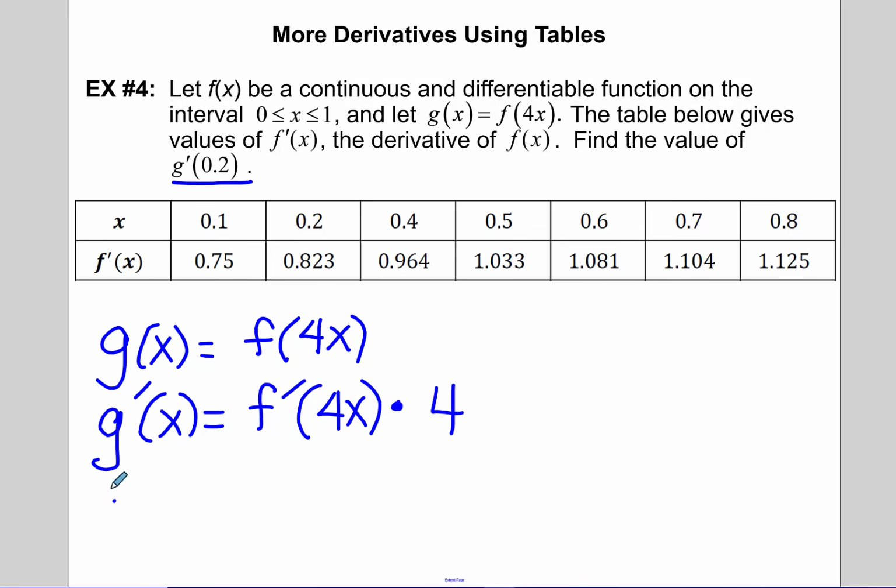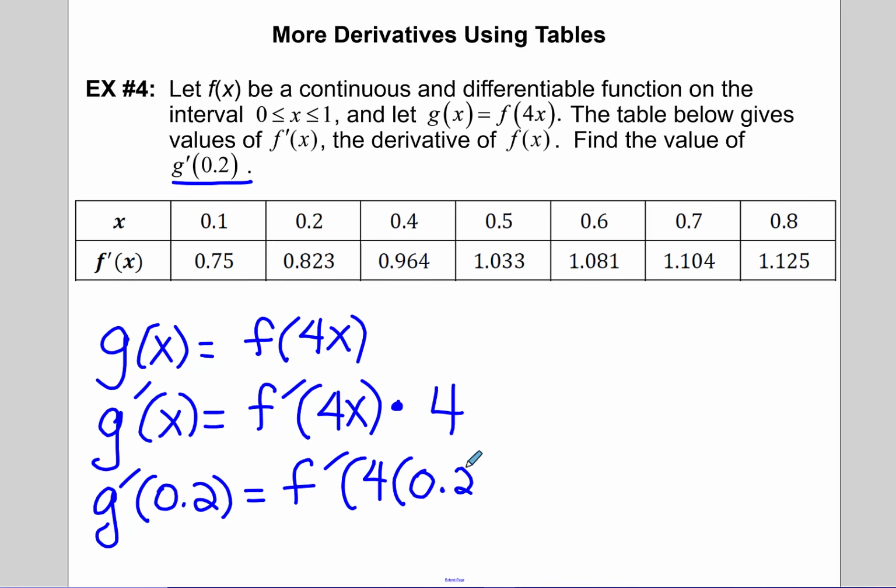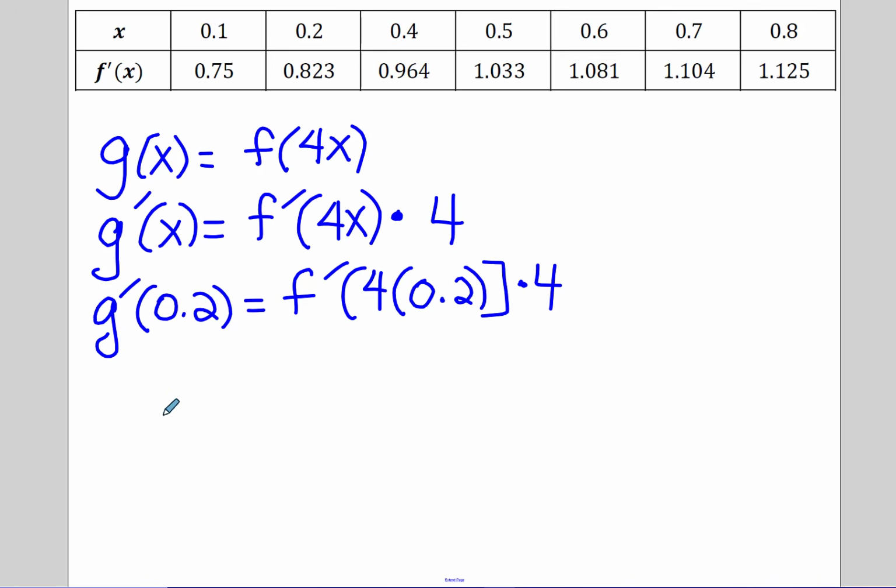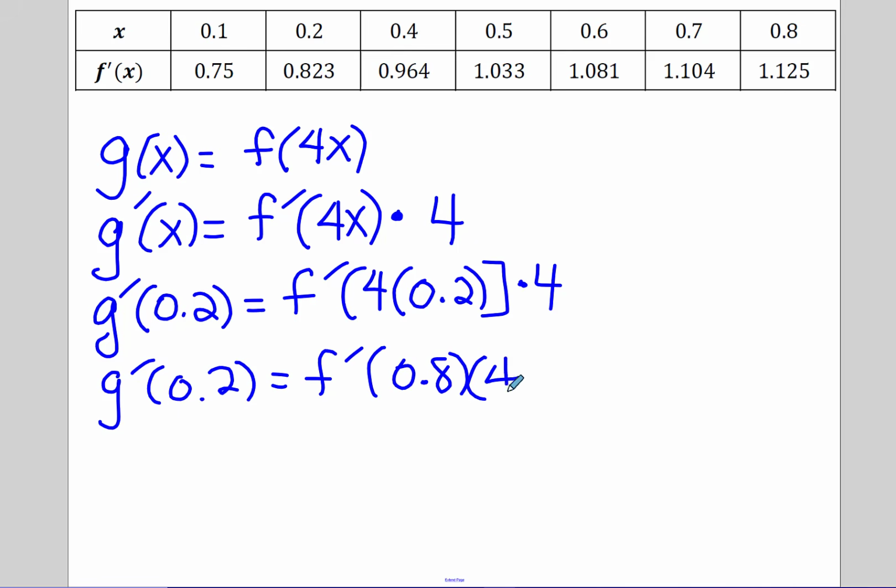So we can do that very simply by just replacing the x with 2/10. We want to do the f prime of 4 times 2/10 times 4. And that looks like we've got the f prime of 8/10 times 4, because 4 times 2/10 is 8/10.